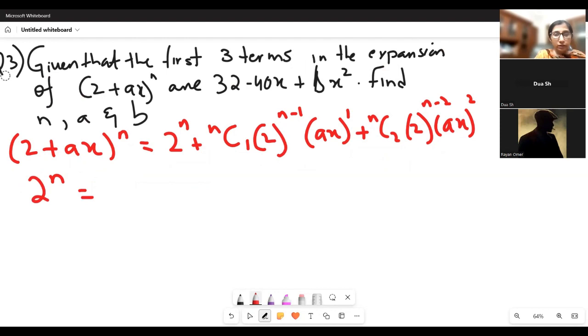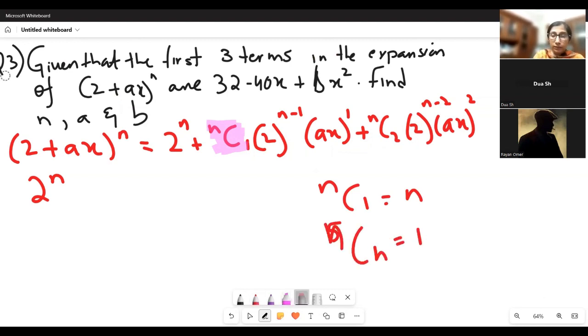Then remember what's nC1. nC1 is going to be n. Although the calculator will tell you that 5C1 is 5, in questions like these you must know that nC1 is actually n. So it's important to know that nC1 is n and nCn is 1.